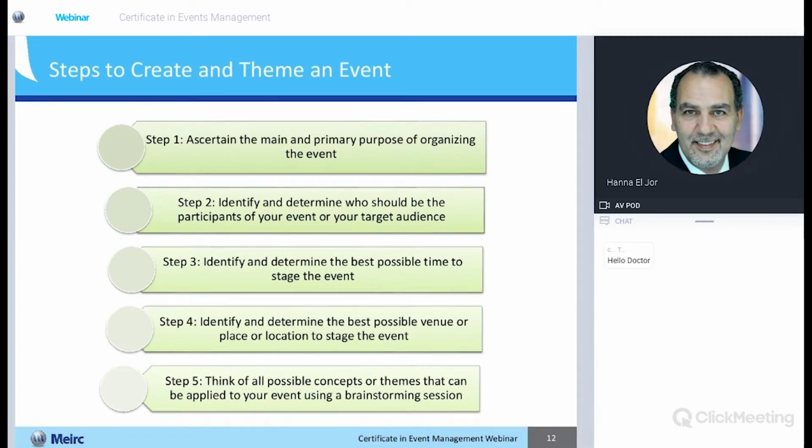Okay, so when we have the why, the next step is to identify and determine who should be the participants involved, otherwise known as the target audience. Then identify and determine the best possible time to stage the event. So if you notice here, we're starting to answer the 5 W's. Why? What is the main reason? Who is the target audience? What is the best time to stage the event?